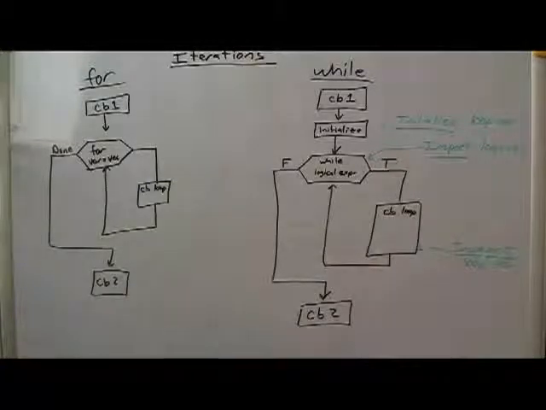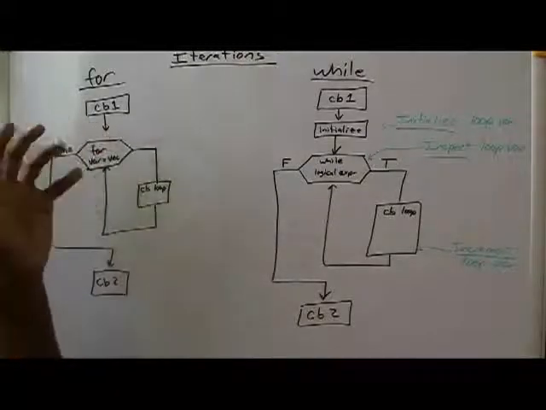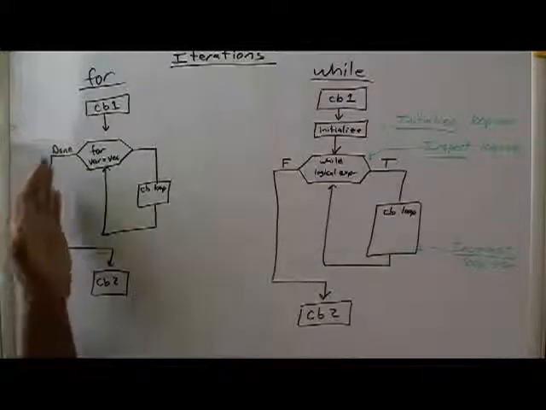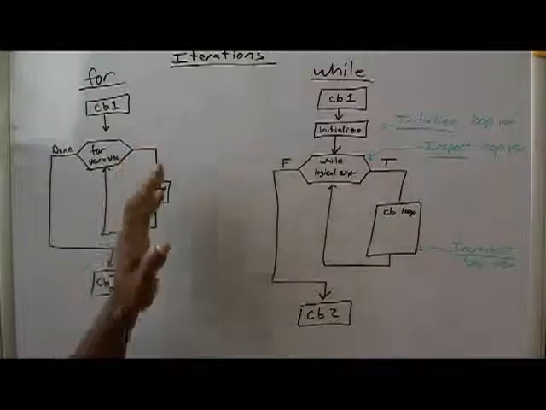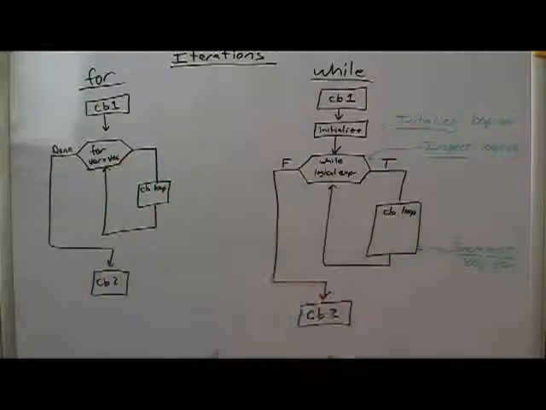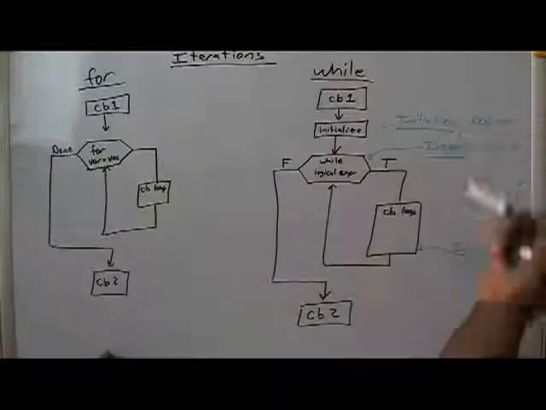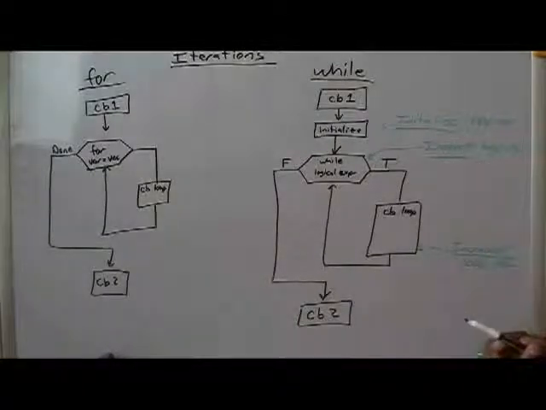The contrast to the for loop over here is that the for loop itself did it all for you. This is why I've referred to the for loop as the training wheels for iteration, while with the while loop, we're taking off the training wheels, and now you have to do these three things yourself. Initialize your loop variable, inspect your loop variable, and then increment your loop variable.